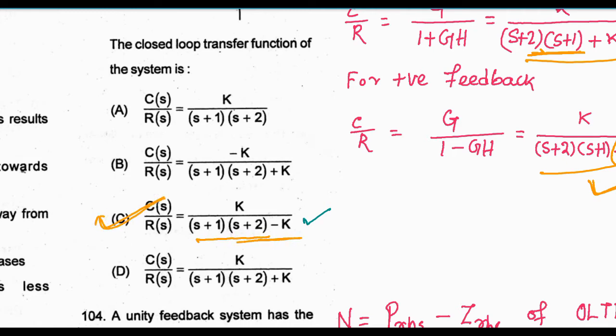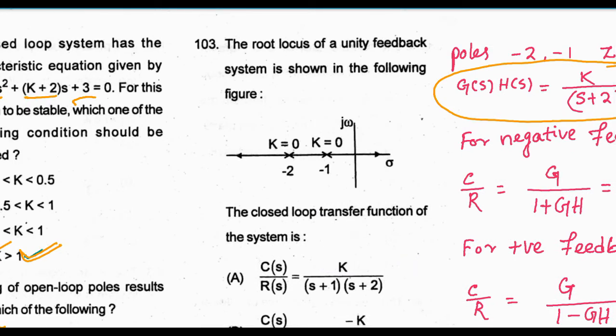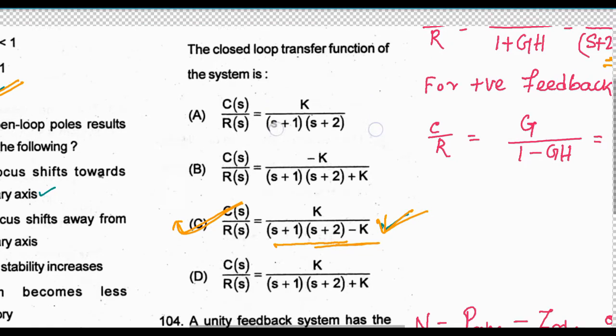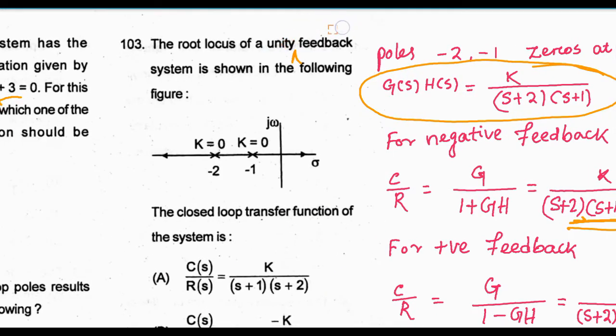If the question itself gives a positive feedback system, the answer will be this one. If the question itself gives a negative feedback system, then the question will be wrong, because we cannot define k to be negative in root locus.